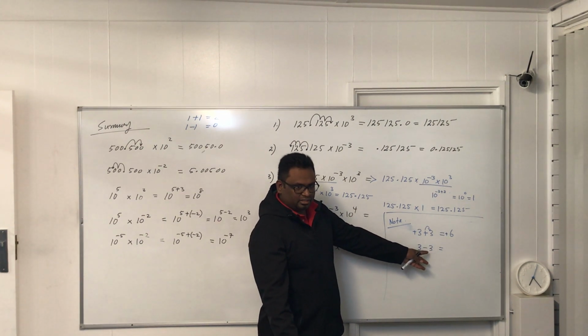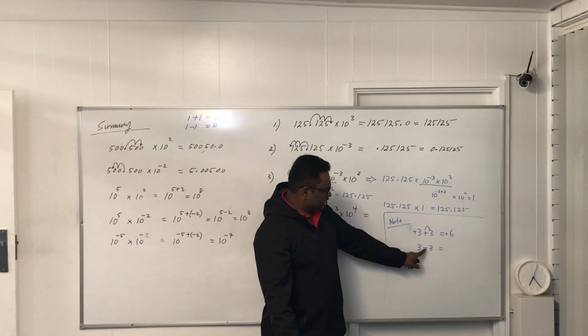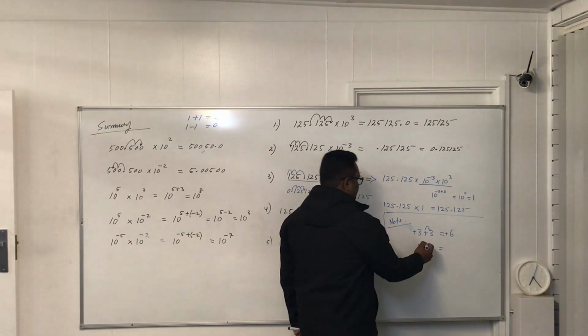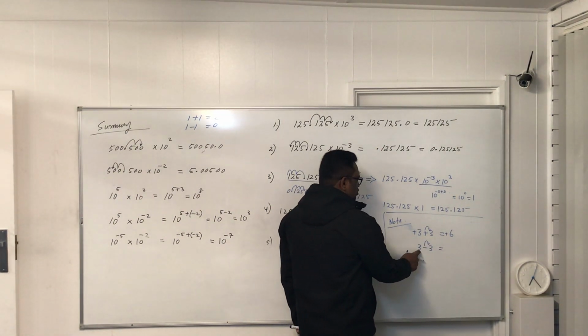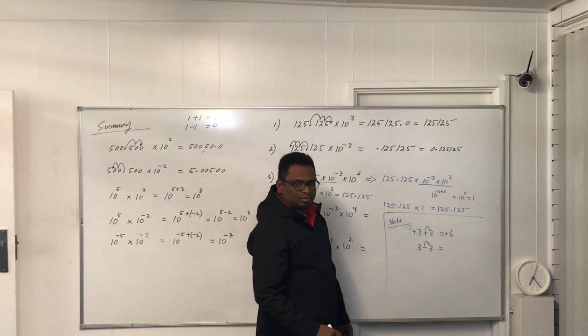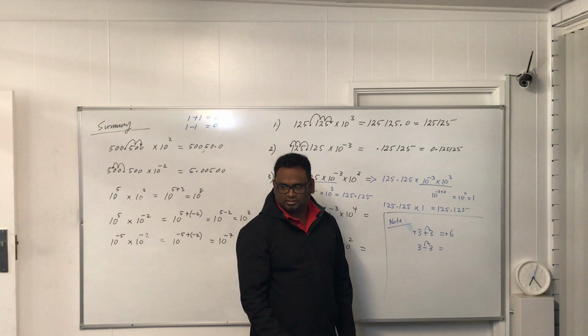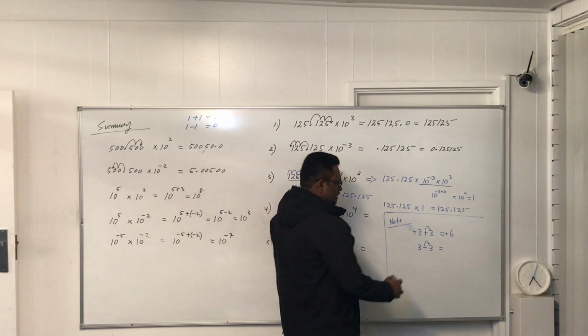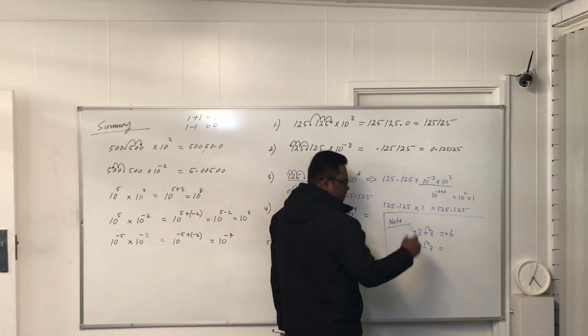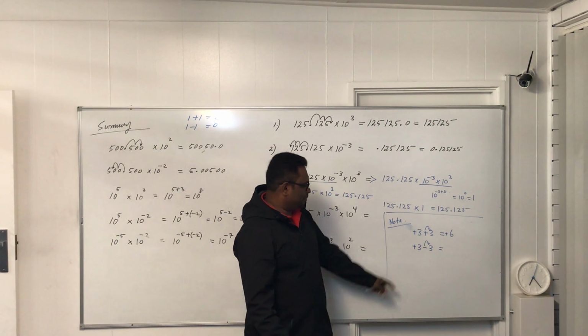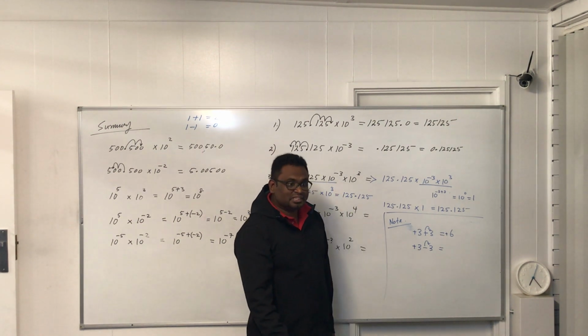But look inside: this minus belongs to the second 3, and what belongs to the first 3? Plus. If there is nothing in front, it is always plus. So plus 3 minus 3 is 0.